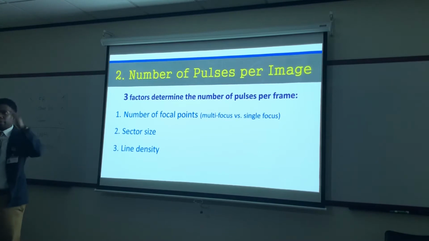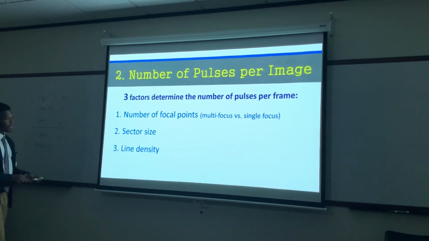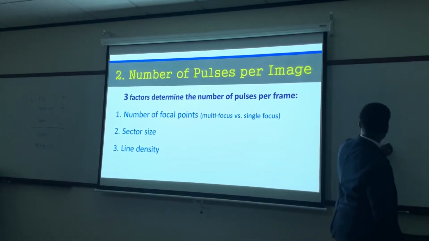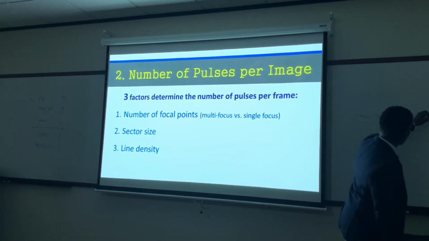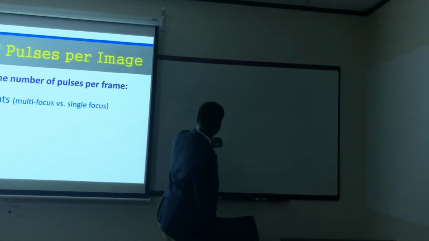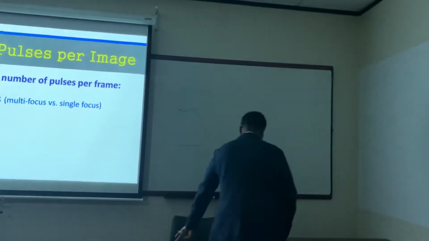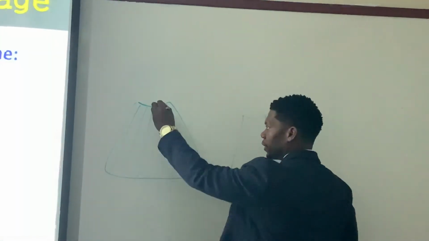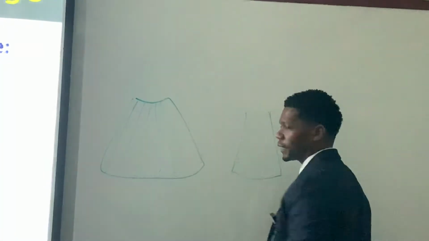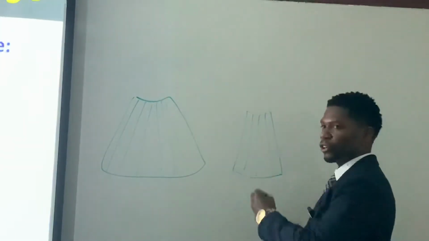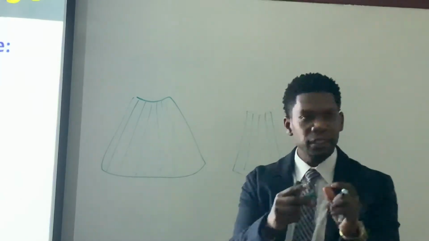So instead of, say, 6 scan lines to create that image, with a small sector I only need 3 scan lines to create the image I need, because I'm only trying to see that little bit of information.